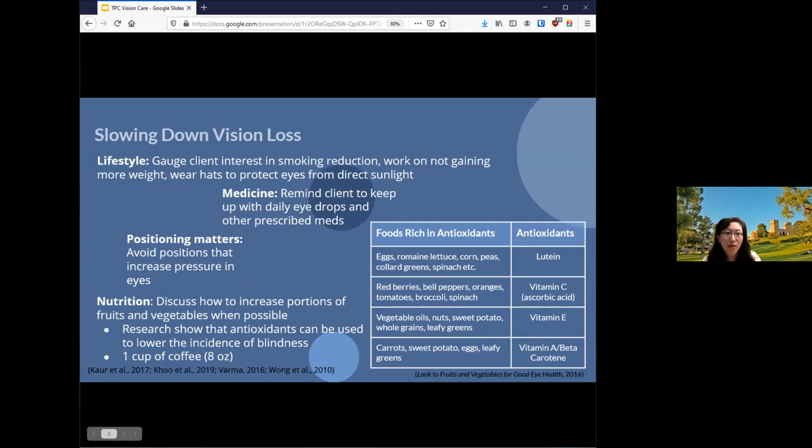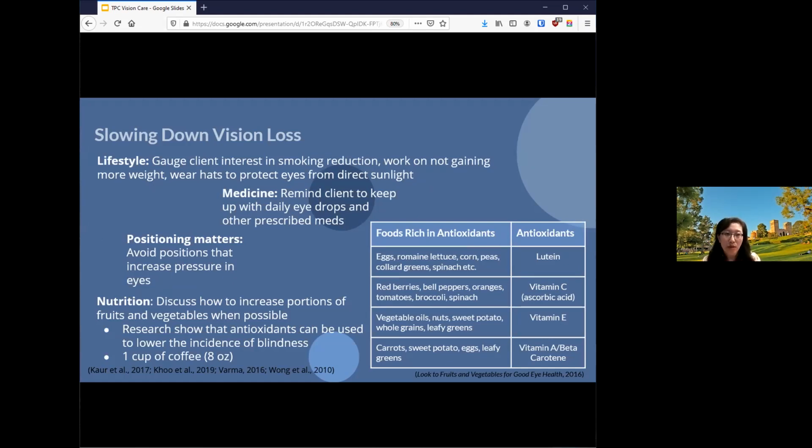So there are several different ways to slow down vision loss. The eye diseases mentioned before are linked to smoking, weight gain, and sunlight damage to the eyes. So you can gauge your client's interest in smoking reduction, maybe their willingness to not gain more weight, and if possible, have them start wearing a hat to protect their eyes from direct sunlight. If clients are being prescribed medications like eye drops for their glaucoma, you can remind them to use them as prescribed.